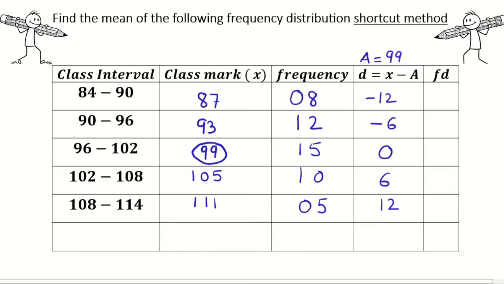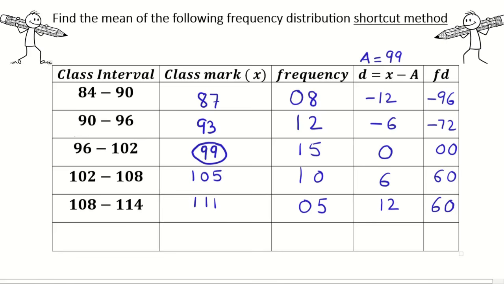So here we are going to multiply F and D. So this calculation becomes easy. 99% of students make this very common error. So minus 96, correct? Minus 96. My 12 into minus 6 is minus 72. Any number multiplied by 0 is 0. 10 into 6 is 60 and another 60.